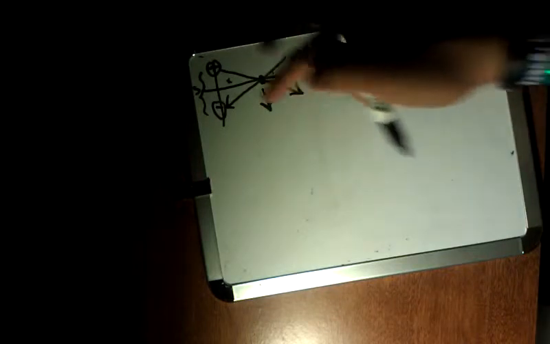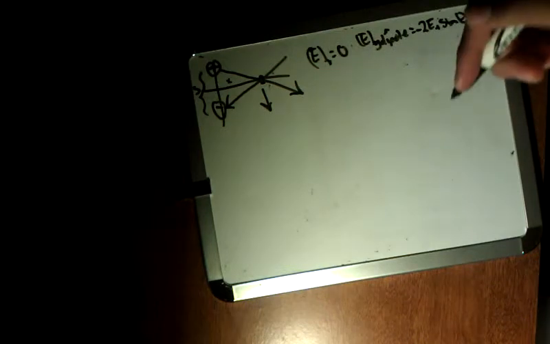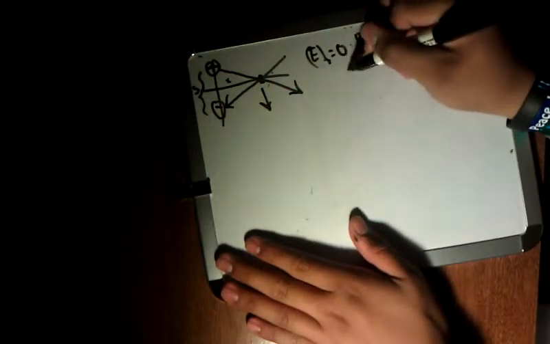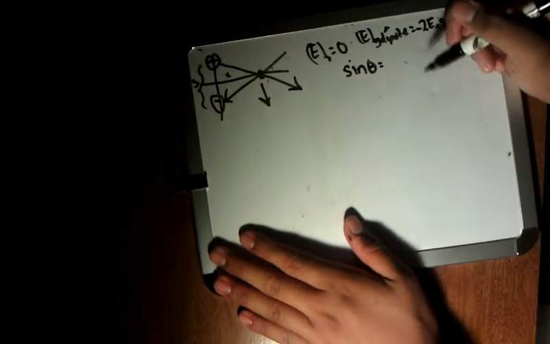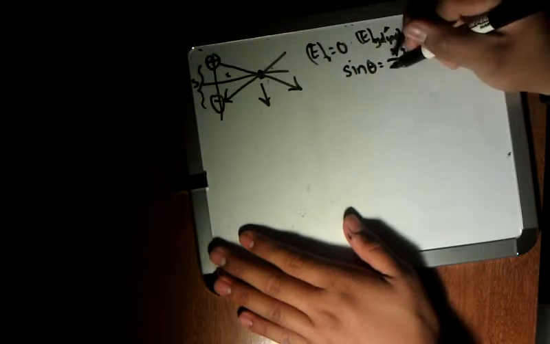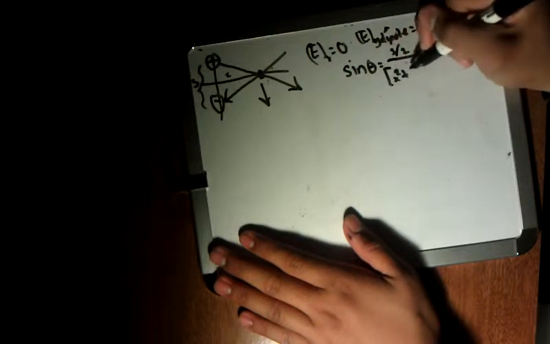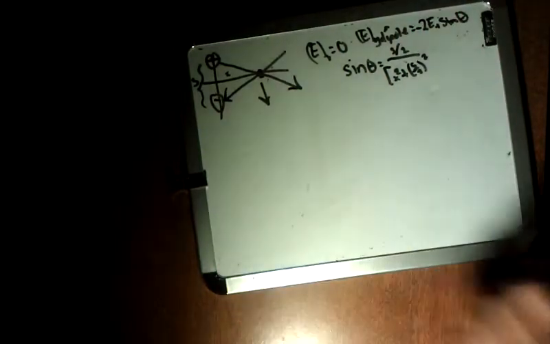And now that we see a couple of variables here, well, actually constants, we can see that sine theta would just equal (s over 2) over the square root of x squared plus (s over 2) squared.